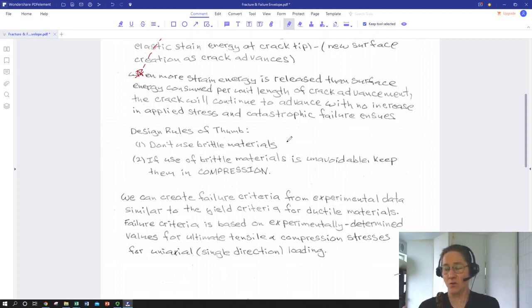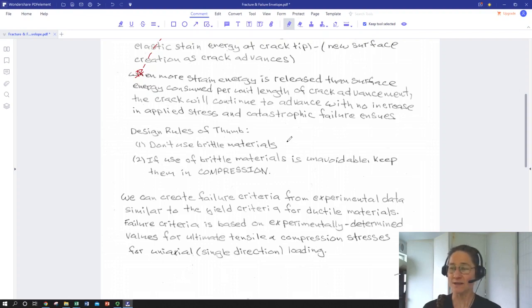It doesn't have any other way to dissipate that energy. That's very dangerous. In the unavoidable times when you have to use brittle materials, you want to keep them in compression. Our typical example of this is concrete. So we can use concrete very safely, provided we don't ask it to carry any tensile load at all.